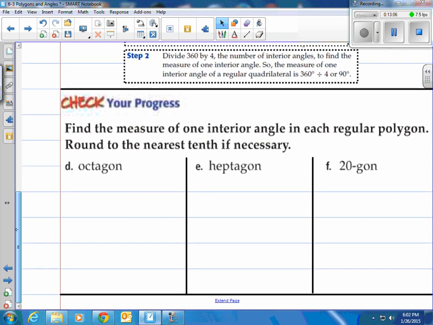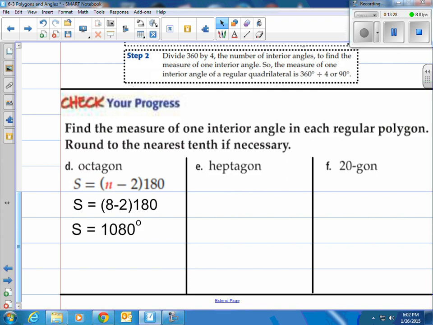All right, let's try that over here. It says find the measure of one interior angle in each regular polygon, round to the nearest tenth if necessary. Octagon. Well, we know that's 8-sided, right? Take our formula. First off, we need to find the total angular measure. So that's going to be 8 minus 2, which is 6 times 180. That's 1,080 degrees. So in an octagon, there's a total of 1,080 degrees. What about each individual angle?